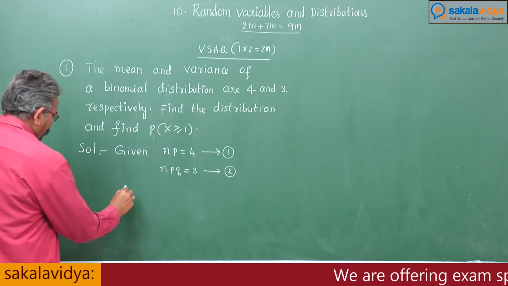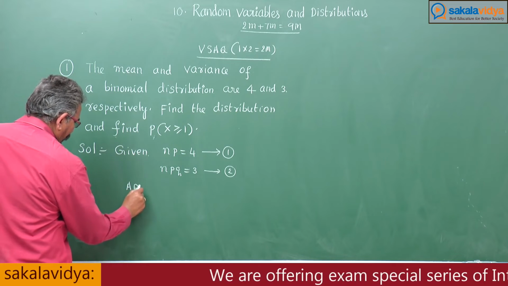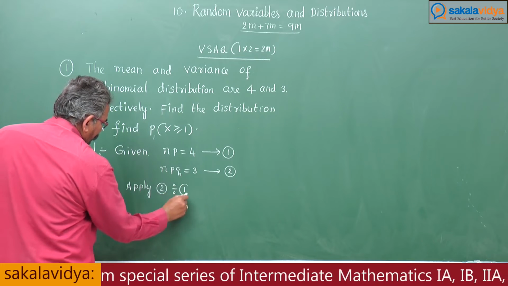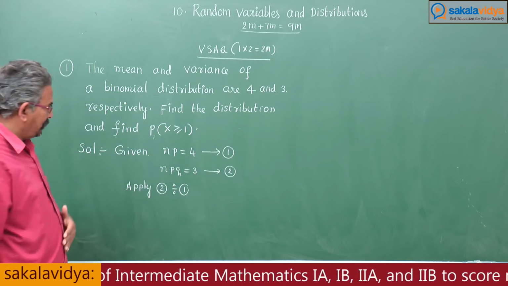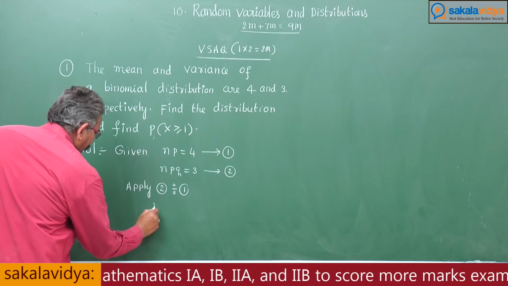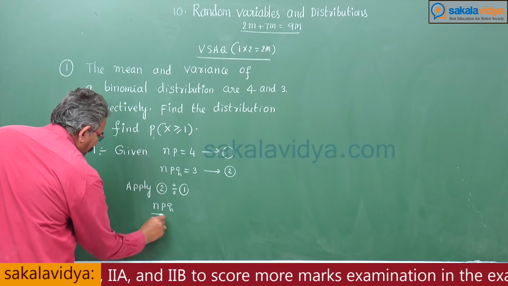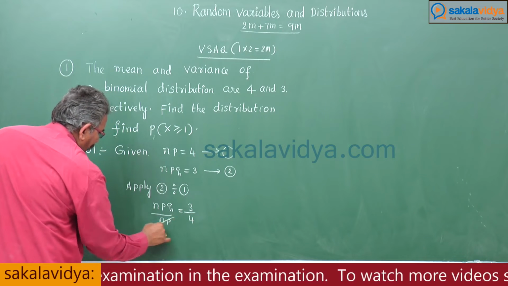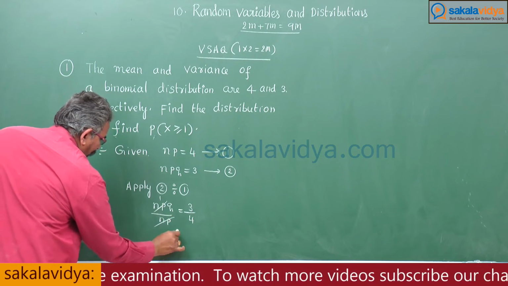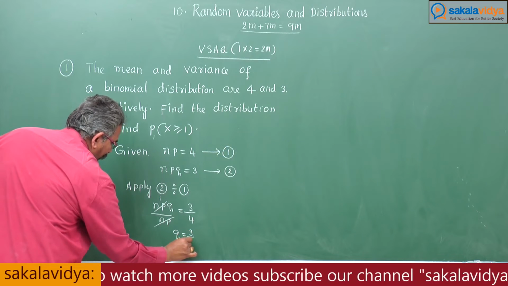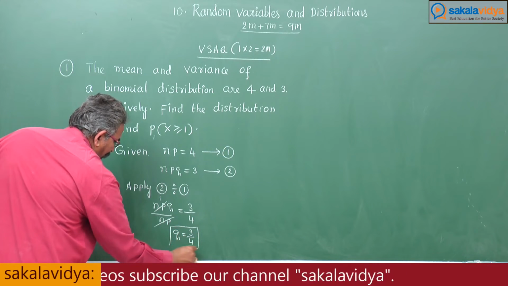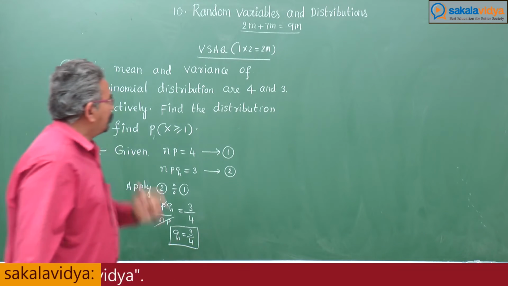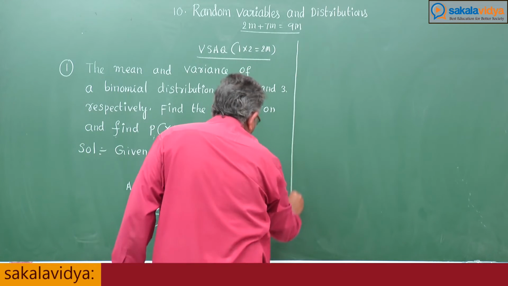Now apply 2 divided by 1. So we get npq by np is equal to 3 by 4. np gets cancelled. We have q is equal to 3 by 4. I already told you q is not the parameter, our parameter is p. So first let us find the p value.